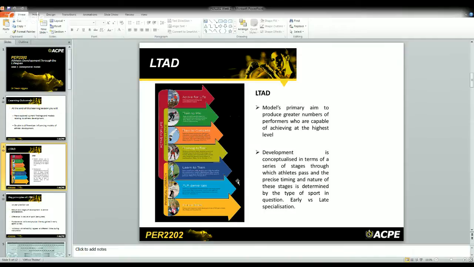Here we're saying, yes, let's have a pathway for elite development, but also make sure that those who don't fall within the elite, whether due to genetics, skill acquisition or just their own motivation, we still cater for those athletes. The main thing when we talk about stages is that each athlete will pass through each stage, and depending on what stage they're at, they're open to certain training acquisitions, things they can complete and improve on.